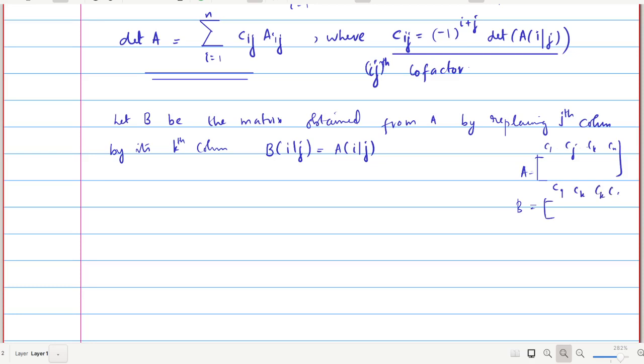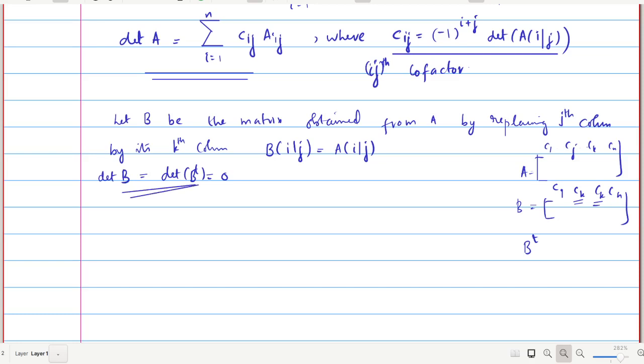So this is our B. Then B transpose has the columns of B as its rows, so B transpose has two equal rows, the kth rows being the same. Hence the determinant of B transpose is 0, and since the determinant of B and the determinant of B transpose are the same, the determinant of B is equal to 0.